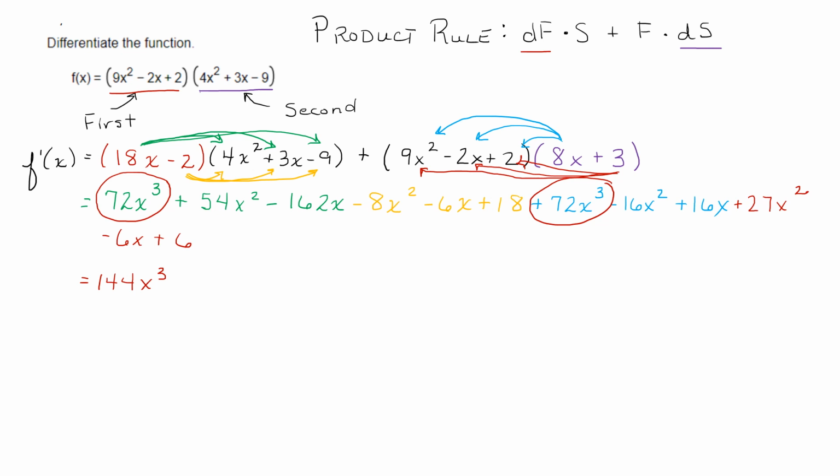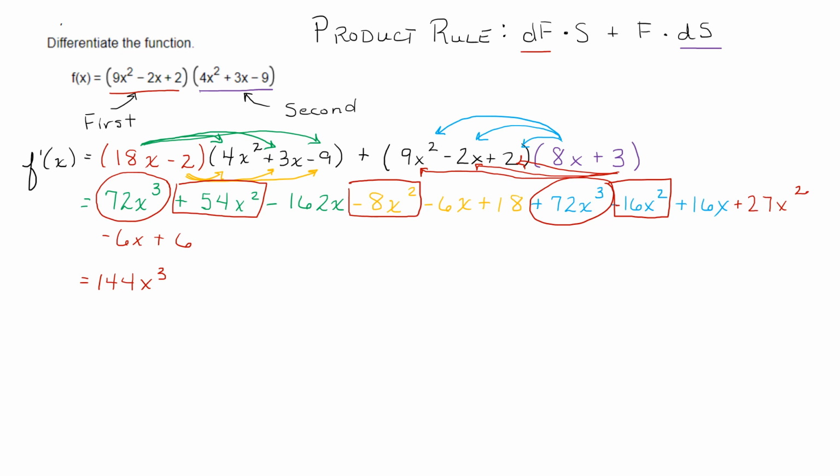All right, now let's look at all of our x squares. We have a plus 54x squared. We have a minus 8x squared. We have a minus 16x squared. I've covered it up, but there is a minus there.